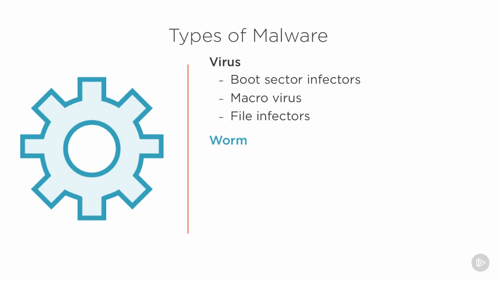Code Red opened a vulnerability that NIMDA exploited. NIMDA could spread 3 ways as what we would call a traditional virus, and 2 ways as what we'd call a traditional worm. So even if some of the ways that it would try to spread were blocked, hopefully it would find another way to spread to other victims.